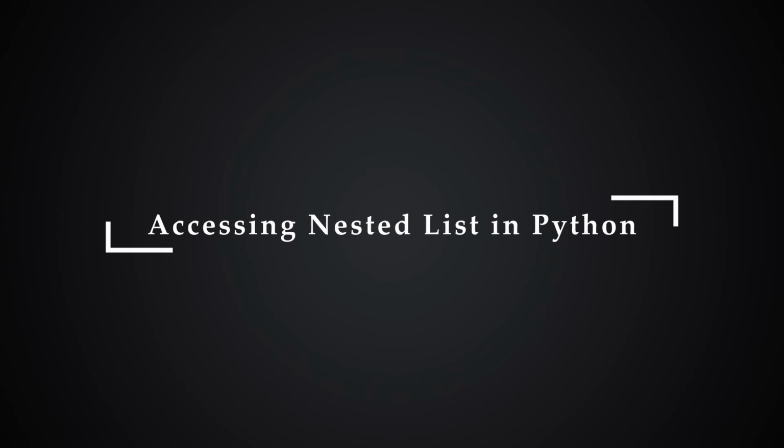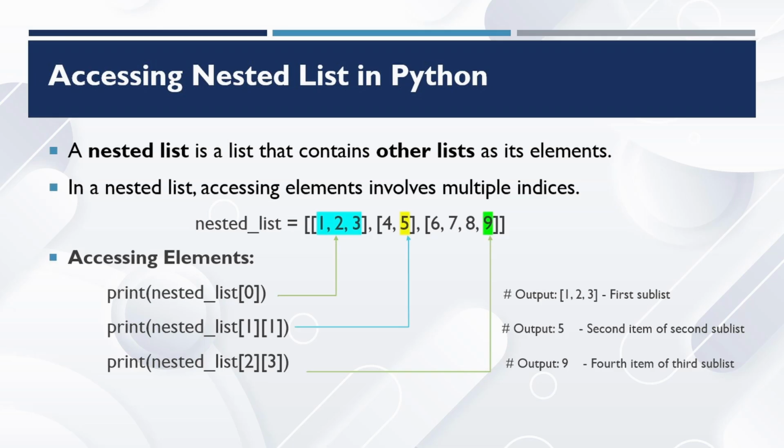Now let us learn about nested lists in Python. A nested list is simply a list that contains other lists as its elements. For example, we define a nested list called nested_list like this. Here the first element is a list [1, 2, 3].